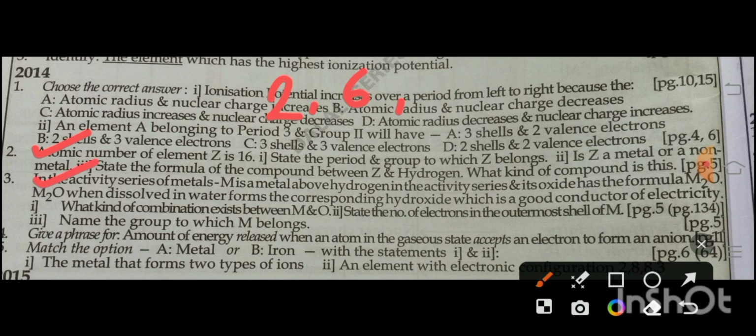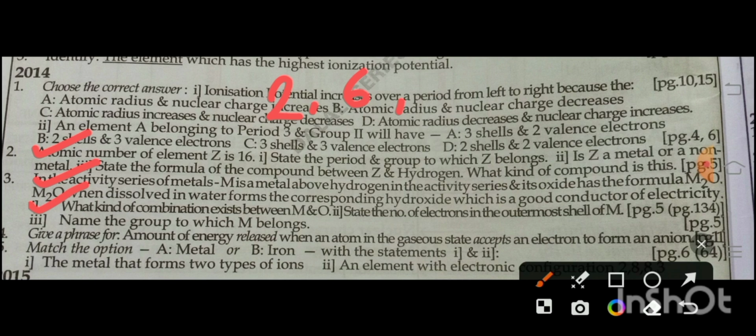In the activity series of metals, M is a metal above hydrogen in the activity series, and its oxide has the formula M2O. When M2O is dissolved in water, it forms the corresponding hydroxide, which is a good conductor of electricity. First question: what kind of combination exists between M and O? Here it forms an electrovalent bond.